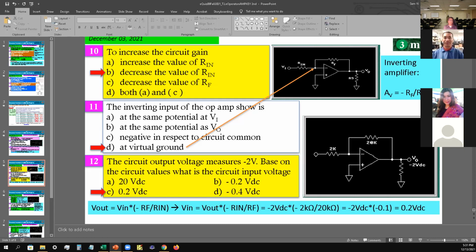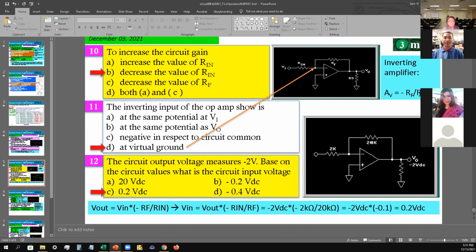Mainly it's set up just for the gain. If you decrease the Rn, that means your gain would increase. It would be getting bigger and bigger, so your output would be much bigger. So if you put a 2 volt here and say that this one has a gain of 10, then if you have 2 volts, you're going to have a 20 volt out here.